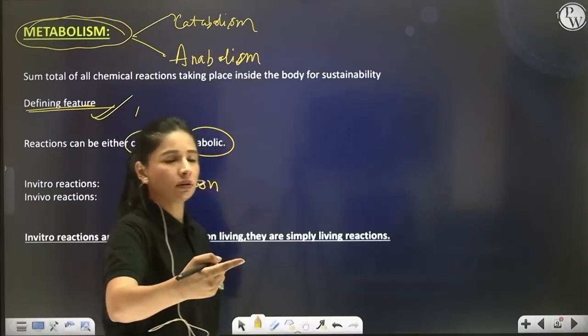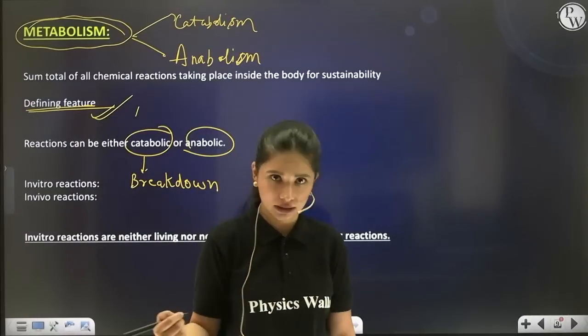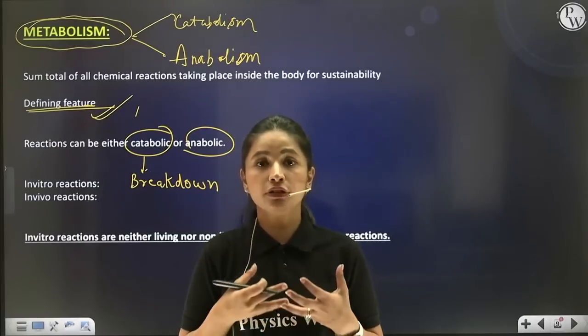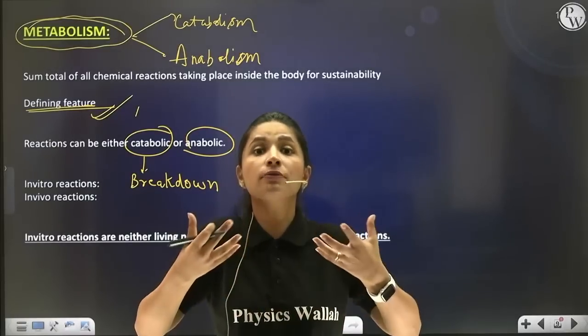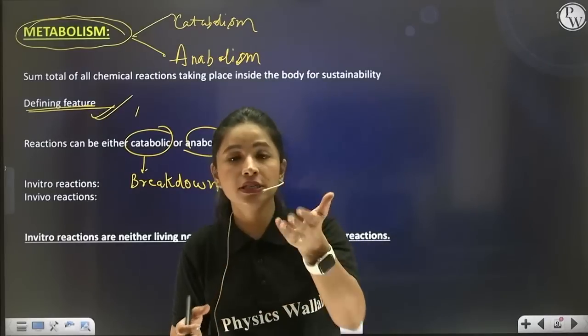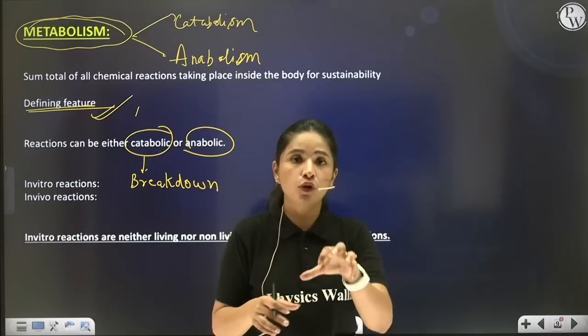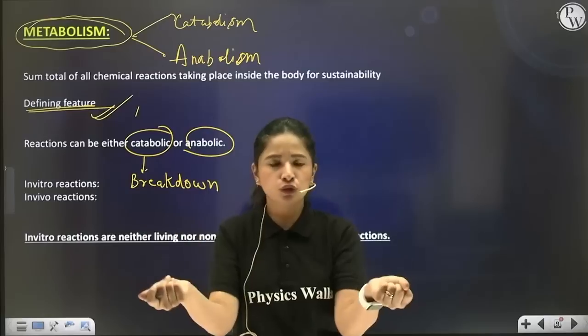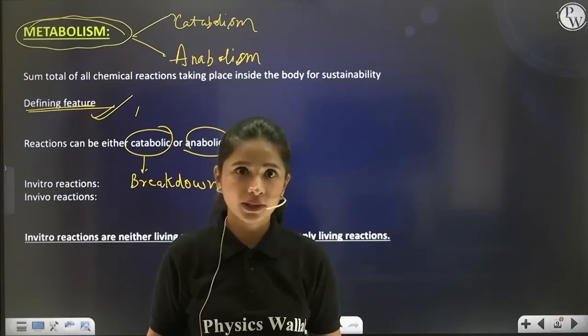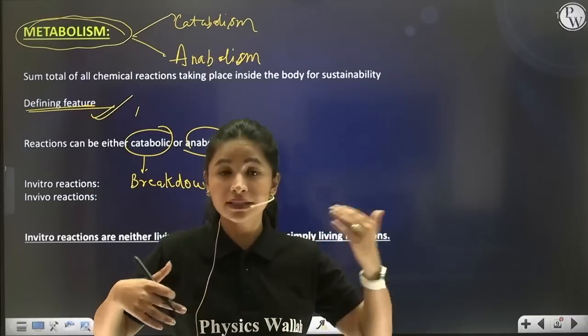Contrary to catabolism is anabolism. Anabolism means the sum total of reactions which are responsible for forming a complex substance from simpler forms. Like you see in the case of photosynthesis. In photosynthesis, CO2 and water, two simplest forms, are joined together to form glucose. Right? And it is not a single step process.